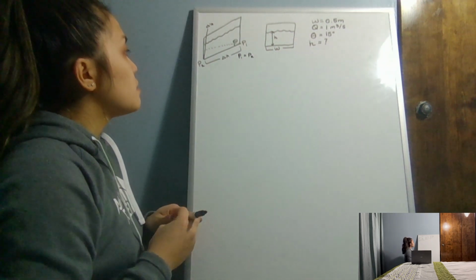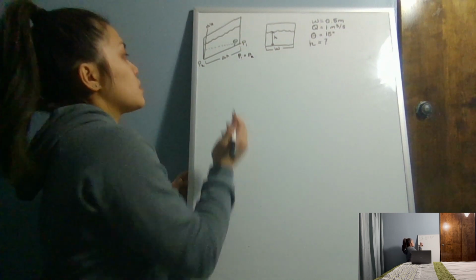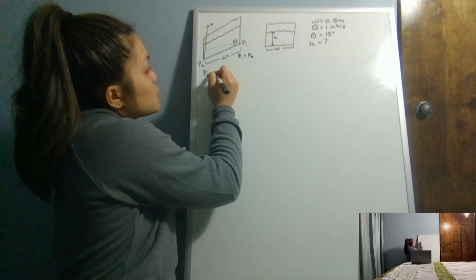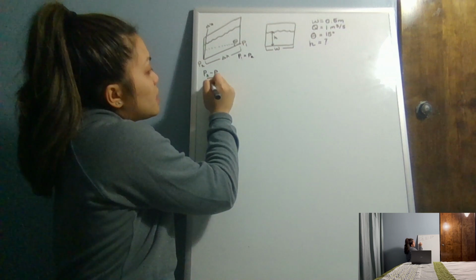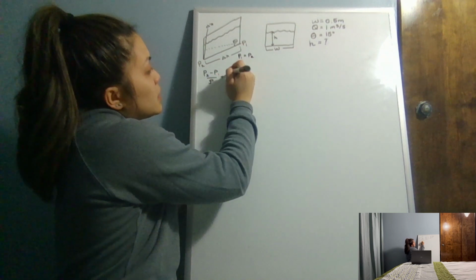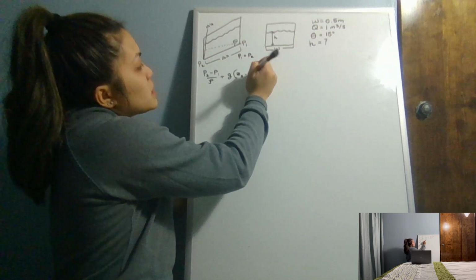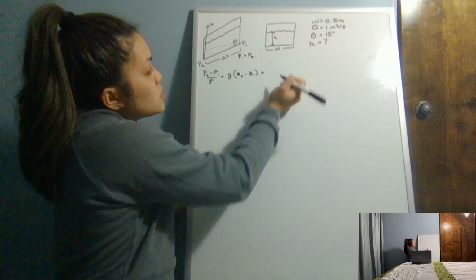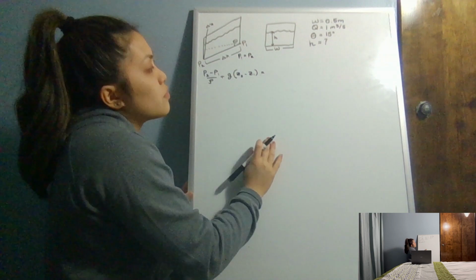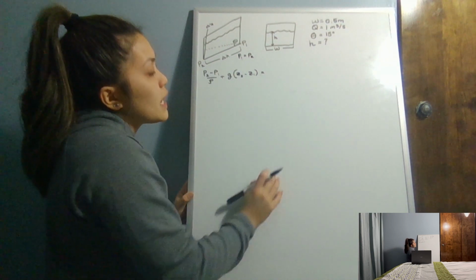The first thing we want to do is start with Bernoulli's equation. The pressure at position 2 minus the pressure at position 1 divided by the density, plus the gravitational acceleration times the position 2 minus the position 1, is equal to the frictional heating.